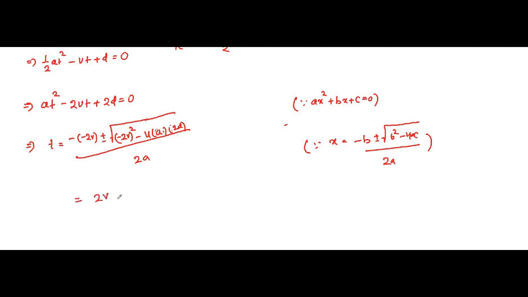So here we have that is equal to 2v plus minus 4v square minus 8ad, or we can write it as minus 4 into 2ad. We'll write it in 4 multiplied form, that 2a.